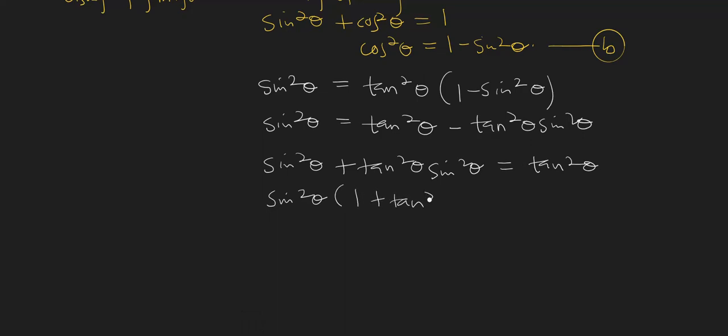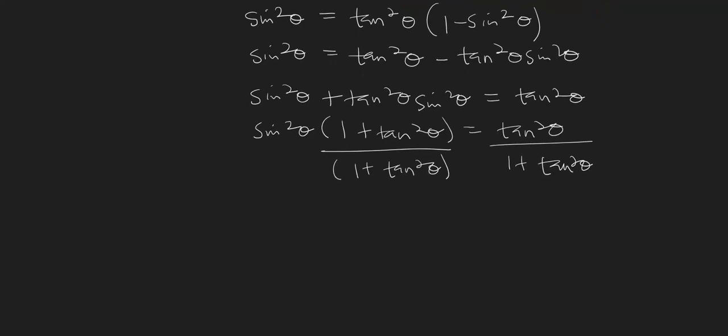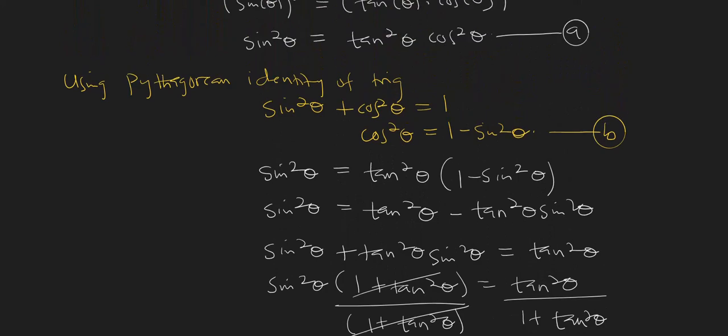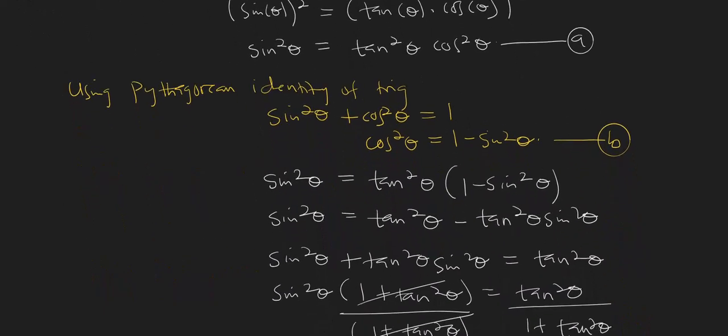Sine squared theta times 1 plus tan squared theta is equals to tan squared theta. So next, divide by 1 plus tan squared theta on both sides. So these cancel out, and we are left with sine squared theta is equals to tan squared theta over 1 plus tan squared theta. When you look at our expression here, that is just equal to the expression we wanted to prove. So that is how you express sine squared in terms of tangent squared.